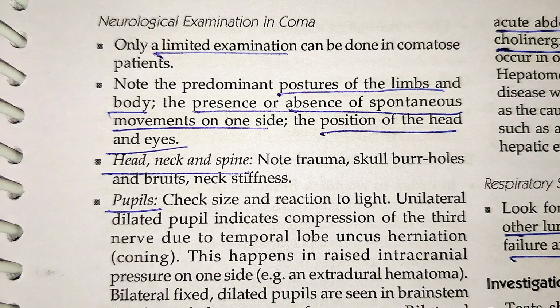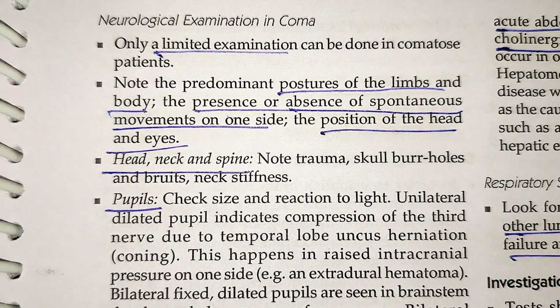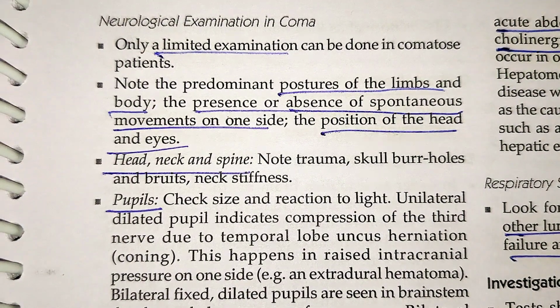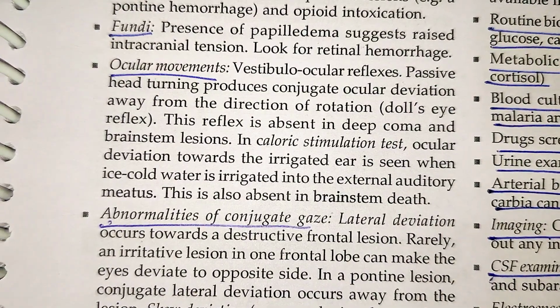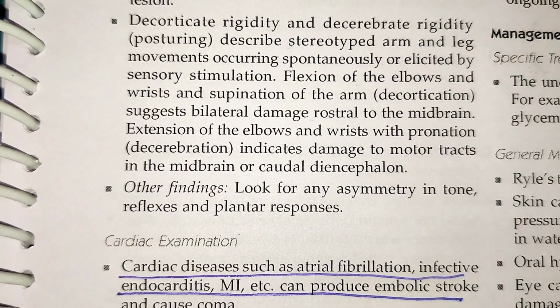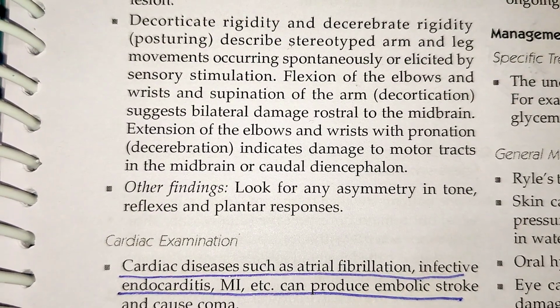We'll note the trauma in case of head and neck, and we'll also note the neck stiffness. We'll check the pupil. We'll examine the fundus. And ocular movements. We'll examine the abnormalities of the conjugate gaze. Also, we have to look for asymmetry in the tone and reflexes and plantar responses.